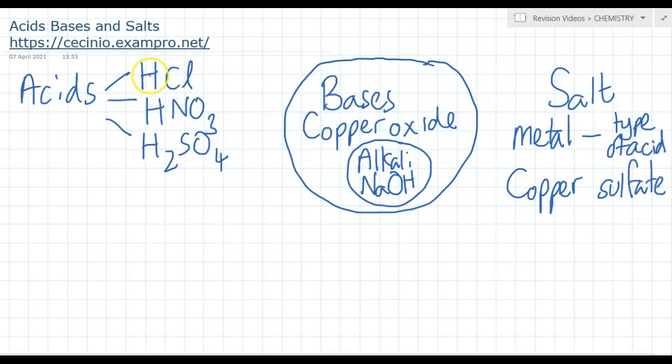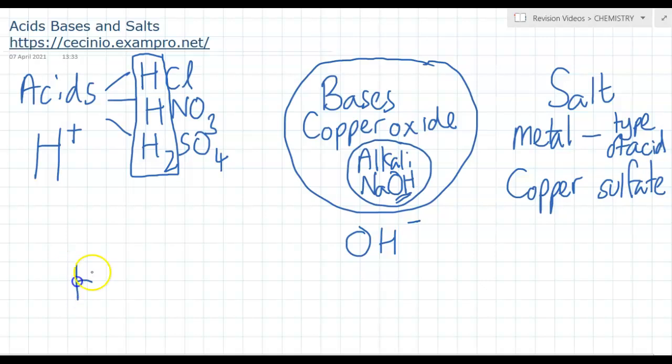So with our 3 acids, notice that all of them have hydrogen, and acidness is defined as how concentrated the hydrogen ions are in a solution. And we can think of alkalis as being this ion, which is called hydroxide.